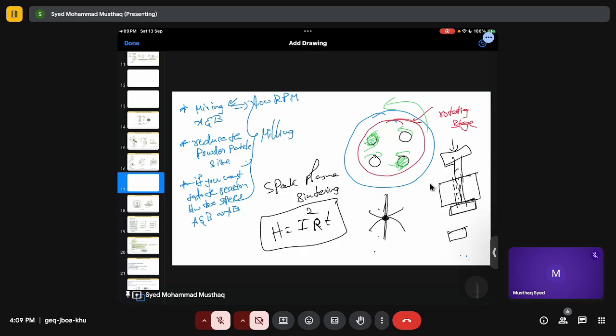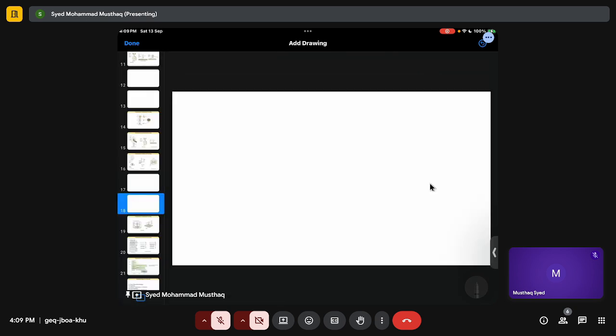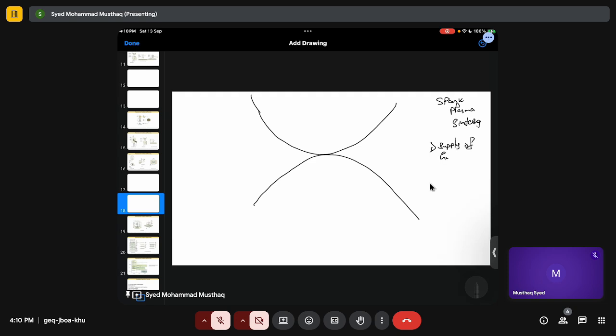And not only that, there are many ways of heating here in SPS, spark plasma sintering. So first thing, supply of huge currents, kiloamps. And then contact resistance.